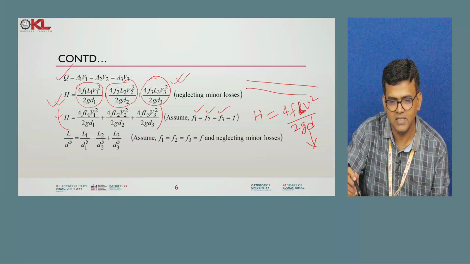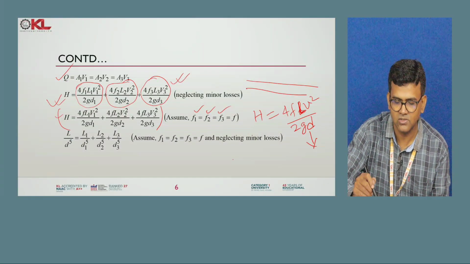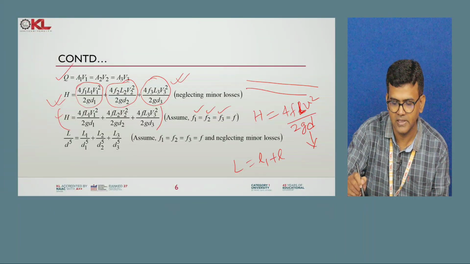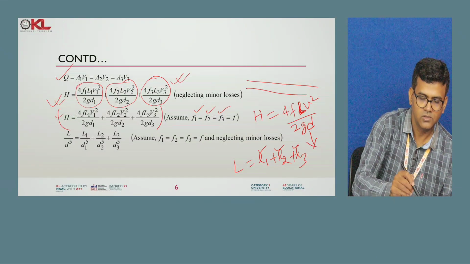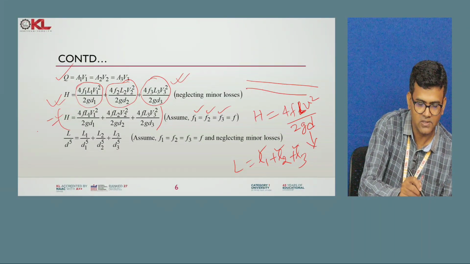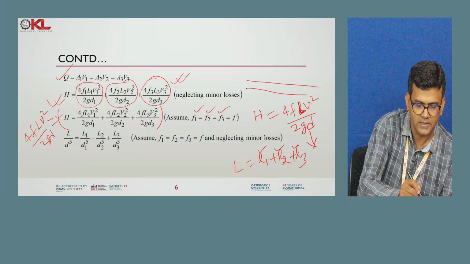F is the friction in the equivalent pipe, and capital L is the length of the equivalent pipe, which should be equal to L1 plus L2 plus L3, the lengths of pipe 1, pipe 2 and pipe 3. So we can write that equal to 4FL V square upon 2gD.